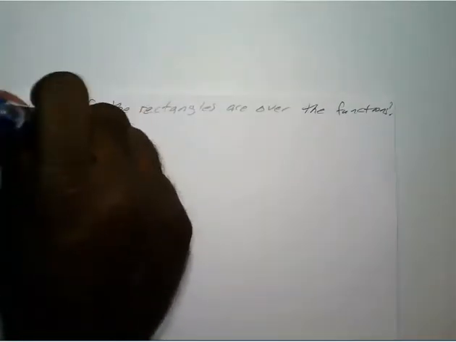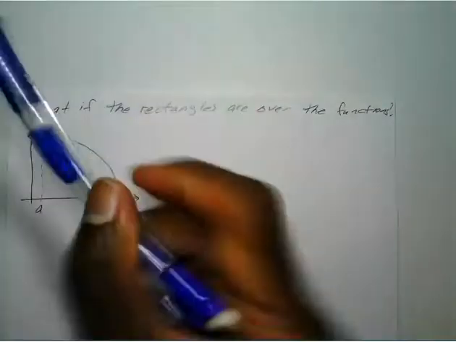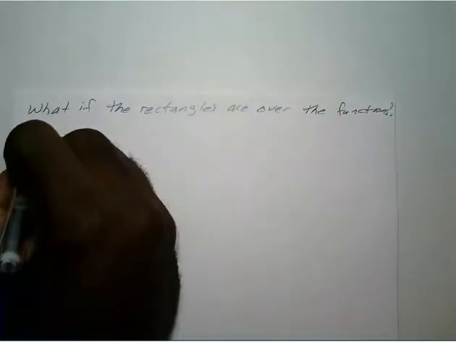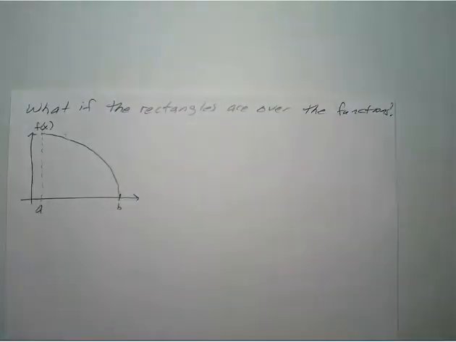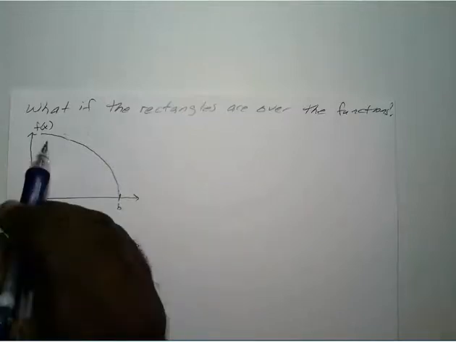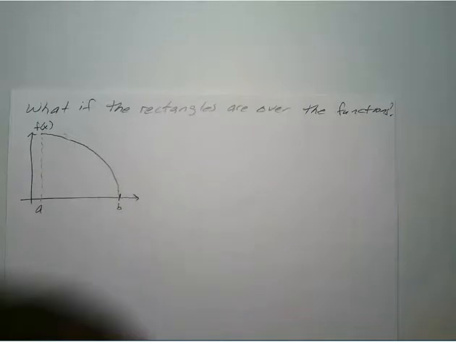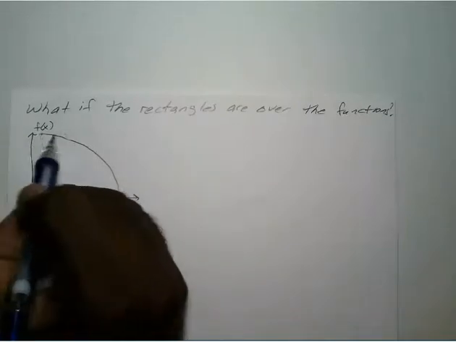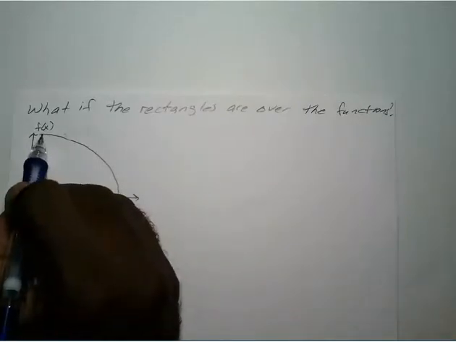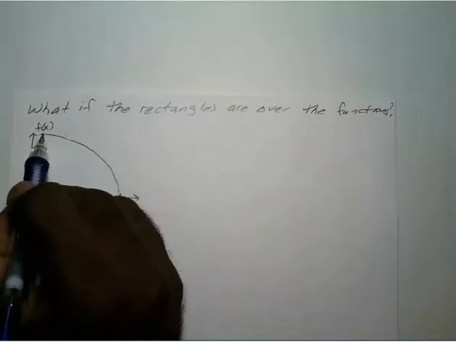Actually, let me move this f of x over a little bit because we're going to need that room. So this is our f of x here. Okay, so instead of a rectangle going underneath it, one big one, let's say we had one that decided to go over the function.